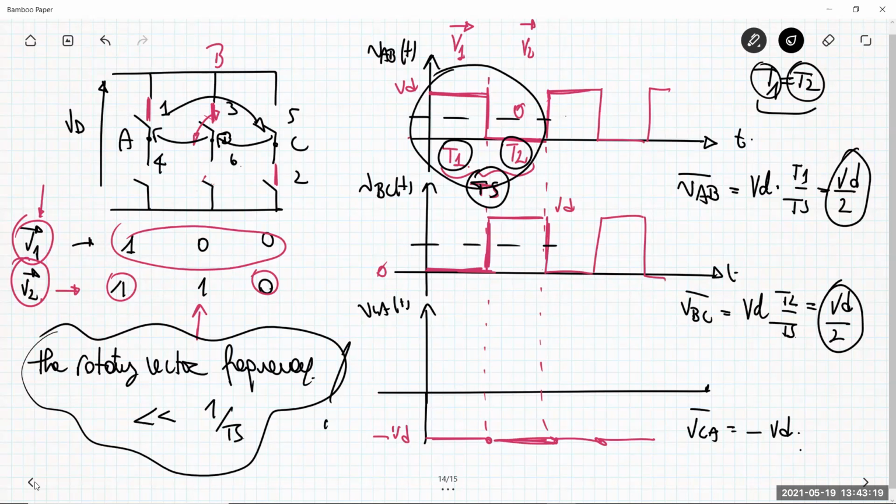So this sentence here simply states that I have to choose a switching frequency, Fs, much higher than F1. That is exactly the condition that must be fulfilled anytime I want to use this kind of converter to synthesize, to extract information.